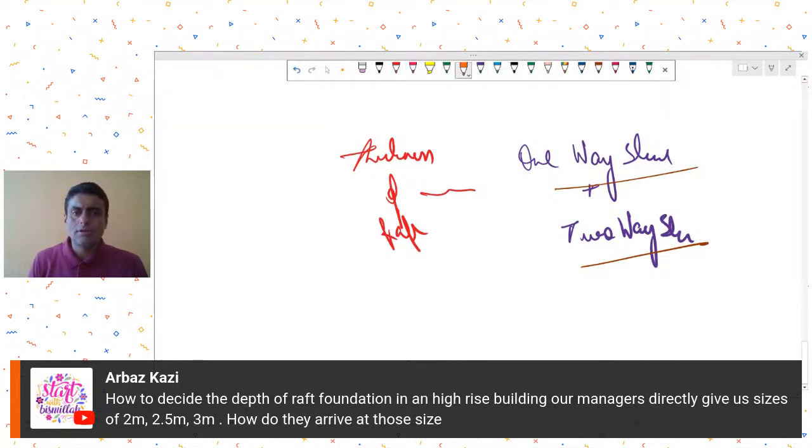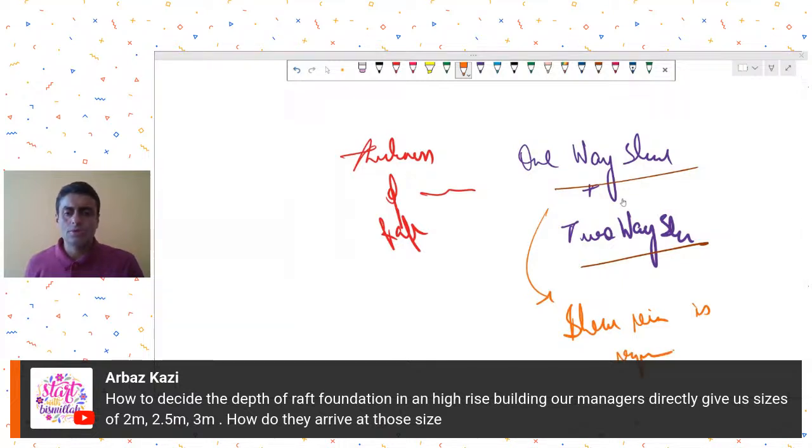So mostly shear reinforcements will also be required. When shear reinforcements are required, you choose a thickness of raft in such a way that your shear reinforcements are manageable. That means you don't get a very heavy requirement of shear reinforcements. Manageable shear reinforcement is what you desire, and accordingly depths are usually decided.